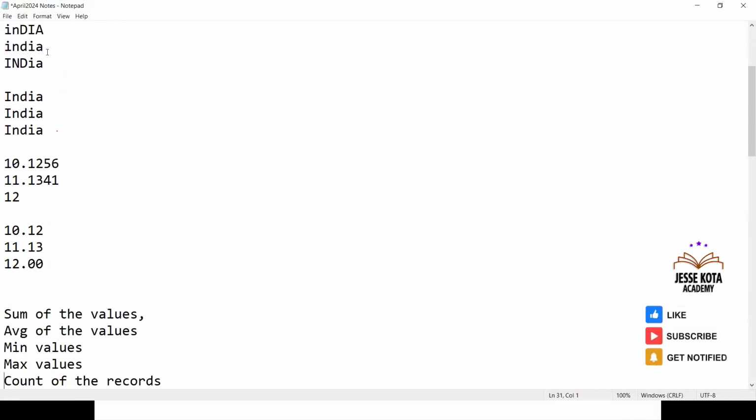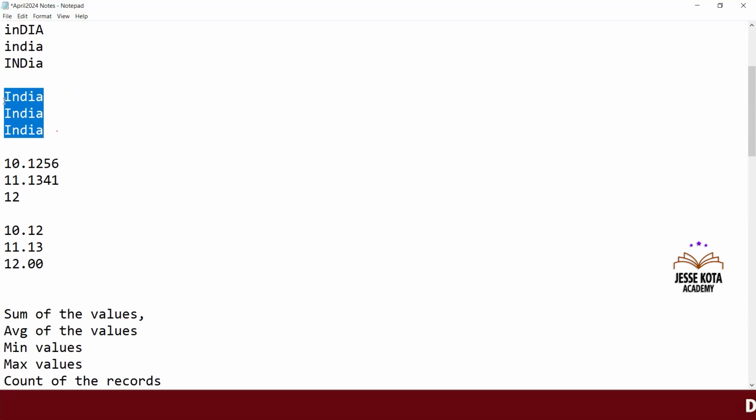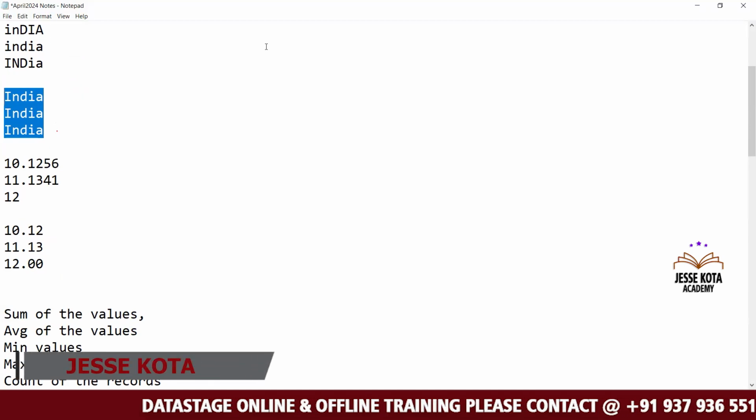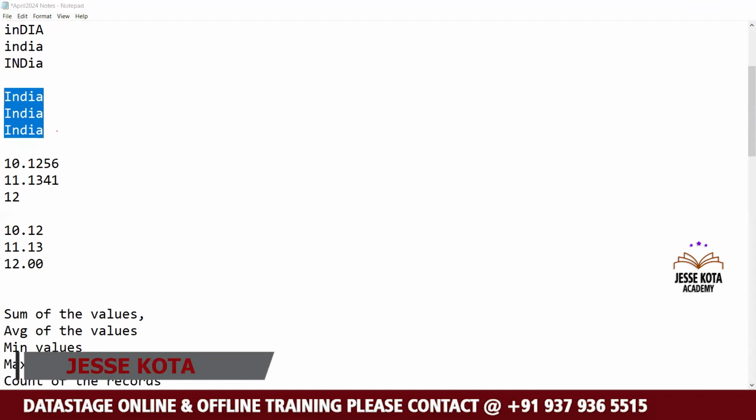Here you can see the country name. We are receiving it in an inconsistent manner. So the requirement is that the first letter should be capital and the remaining should be small letters. If that is the case, how can we handle this with convert functionalities?